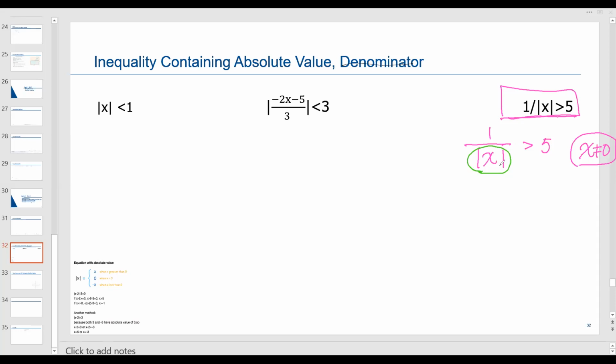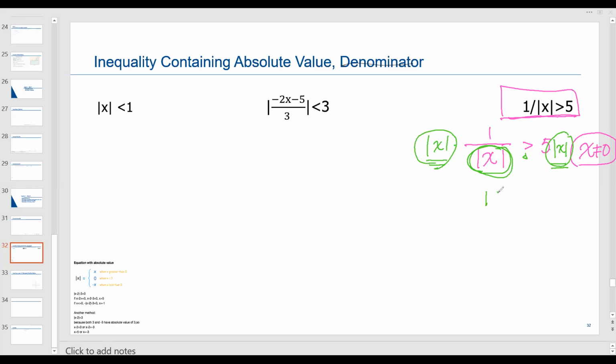What we can do right now is multiply both sides by this positive number. You can consider this is a positive number, and this is a positive number. Multiplying both sides by a positive number, the inequality sign does not change.